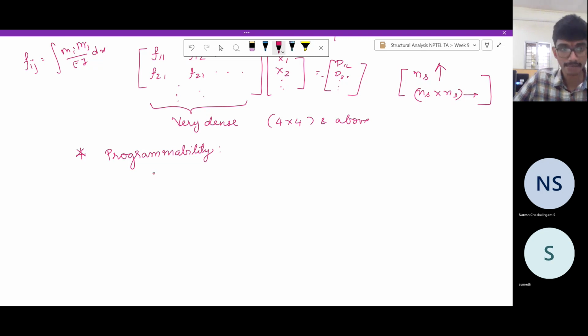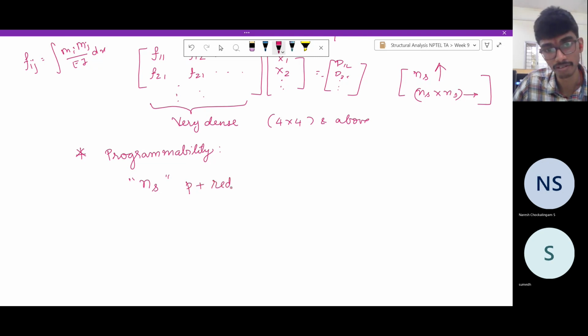Note that once you have determined the primary structure, we'll get ns number of primary structures plus redundant forces, and one structure which is the primary plus applied load. Now in each of them, we are expected to determine mi of x and capital M of x.